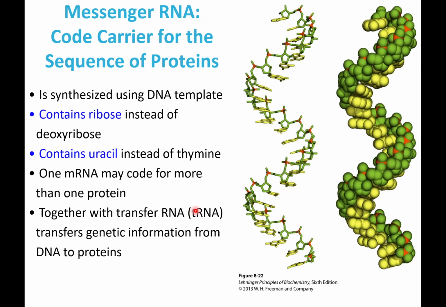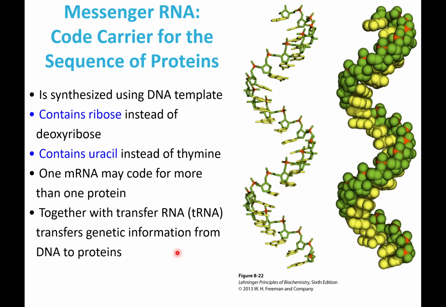One messenger RNA can code for more than one protein, and we'll see an example of that and define a term for that in a second. But that's also very interesting, if you will. And messenger RNA works together with transfer RNA, or tRNA, and that really transfers this genetic information.